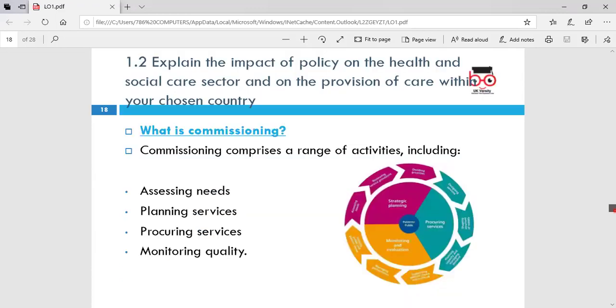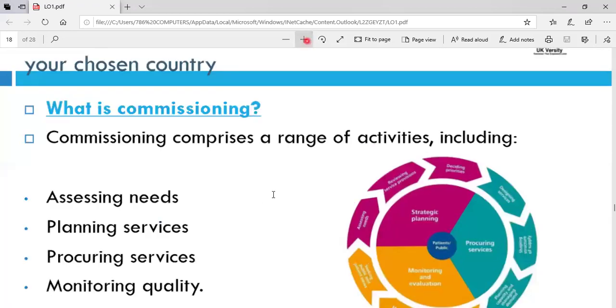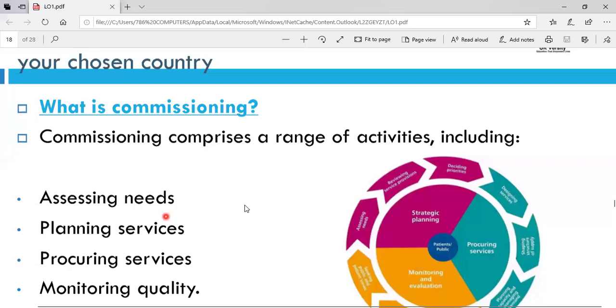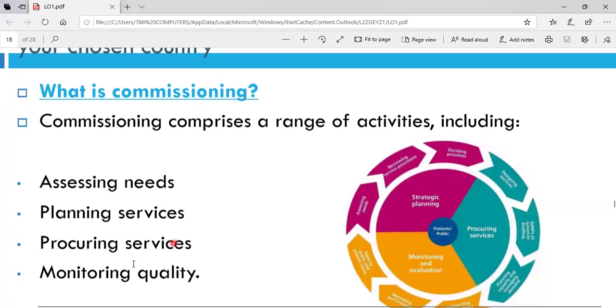So what is commissioning? It comprises a range of activities. It includes what the needs are, so you're assessing the needs of the people. It also focuses on planning services, procuring services, and monitoring quality.